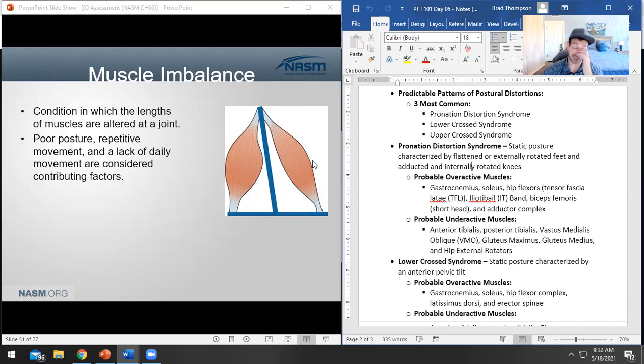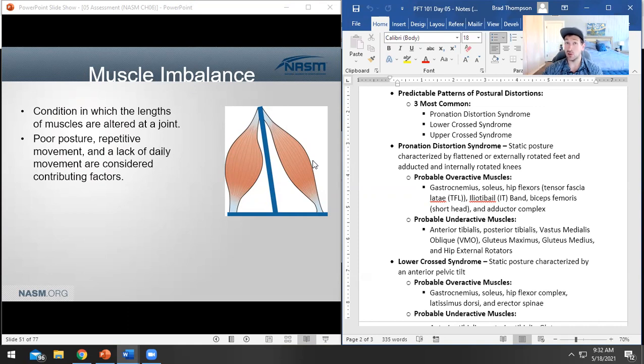NASM really likes to kind of change it up. Sometimes they'll say overactive, sometimes they'll say shortened, sometimes they'll say contracted muscle. Versus sometimes they'll say underactive, lengthened, or relaxed muscle. Either way, it's causing a postural distortion, right?